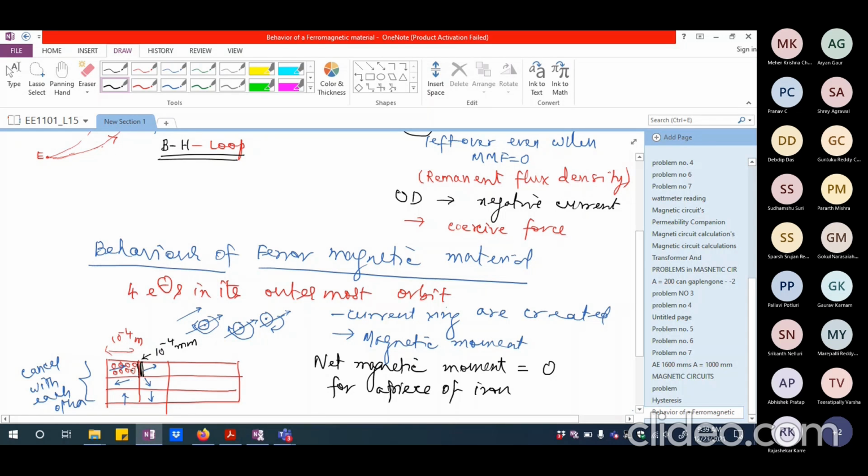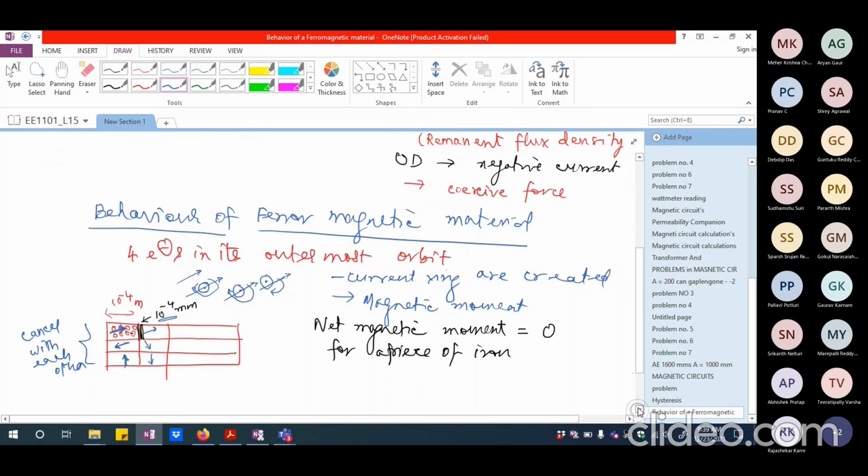So it slowly changes its magnetic moment direction from here to probably here, and similarly from here to this kind of direction, from one particular direction to another through the wall, which is of 10 power minus 4 mm thickness.